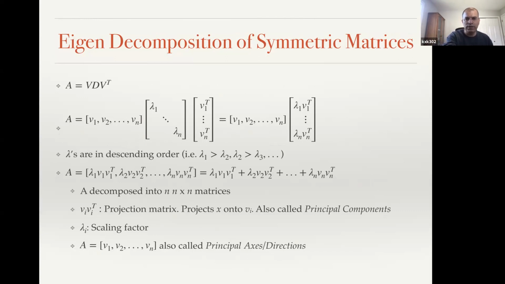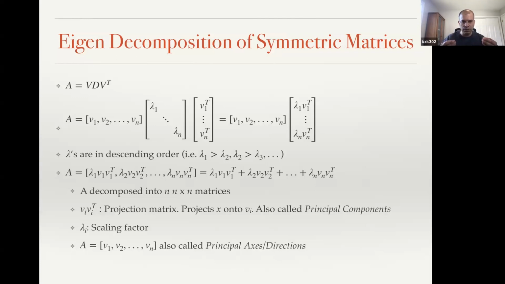So you multiply sigma by the transpose matrix, you get the thing on the right. The one assumption is that the sigmas are in descending order. So sigma 1 is bigger than sigma 2 and so on all the way to sigma n. And if you do the multiplication again, you would get A equals, on the fourth line, lambda 1, V1, V1 transpose, all the way to lambda n, Vn, Vn transpose.